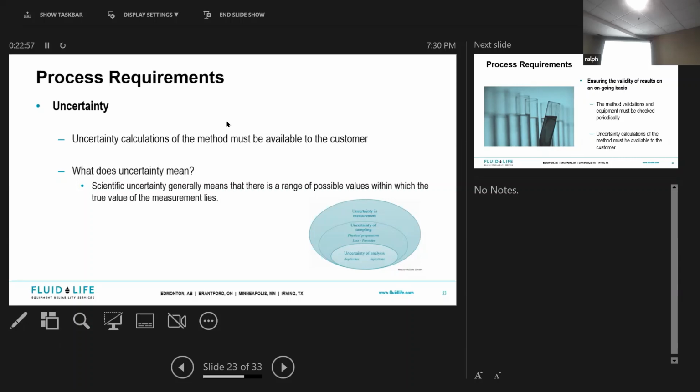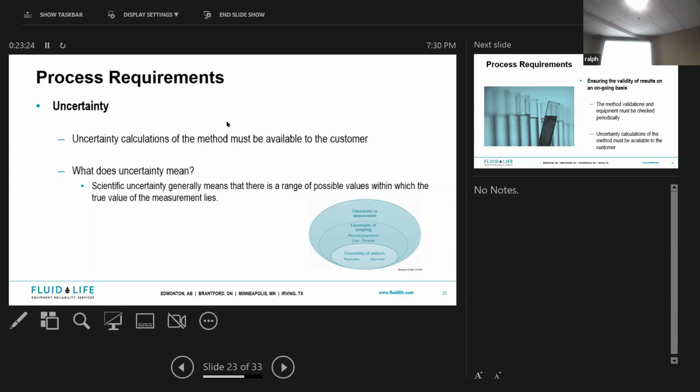When you're very close to whatever standard you're trying to meet, depending on the situation. If the OEM says this is your limit, and you take uncertainty into account, you may fall below it, or you may fall above it, depending. Sometimes your true value is way above it, so then uncertainty doesn't even matter. So sometimes you need to make a decision depending on what the uncertainty of the test is.